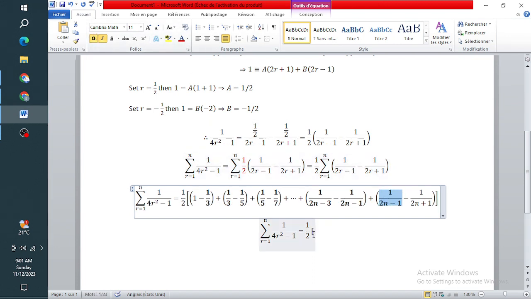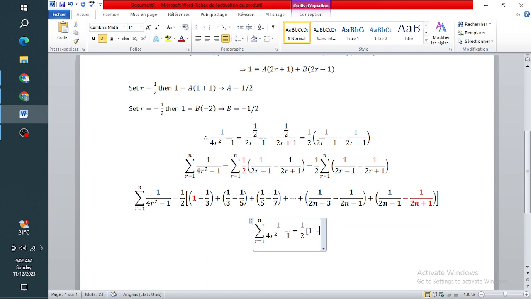So the only 2 terms you're left with will be the first one, 1, and the negative 1 divided by 2n plus 1. Those are the only 2 terms that are left. So you have 1 minus 1 divided by 2n plus 1. So this gives us half into, the LCM is simply 2n plus 1. So we have 2n plus 1 times 1, then minus 1.